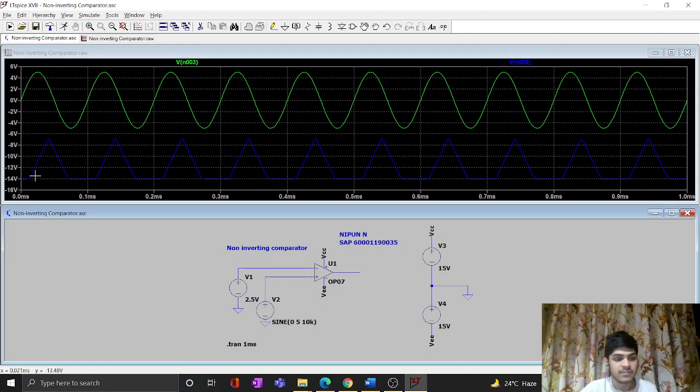As you can see, whenever the output starts changing from minus VSAT to positive VSAT, because of the very high slew rate at very high frequencies, the output is unable to reach the positive VSAT, and it gets changed to the negative VSAT again in the next cycle, as it isn't able to switch between positive and minus in the given period of time. This is the problem that we face at high frequencies.